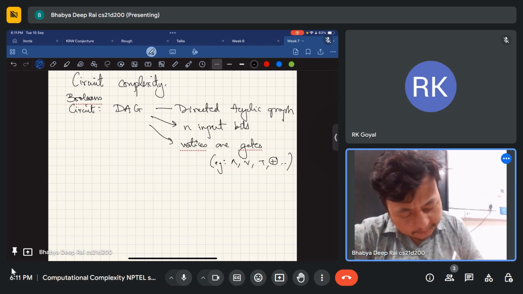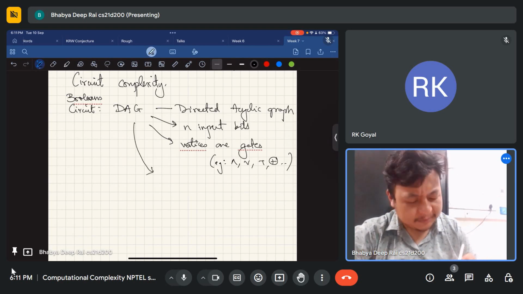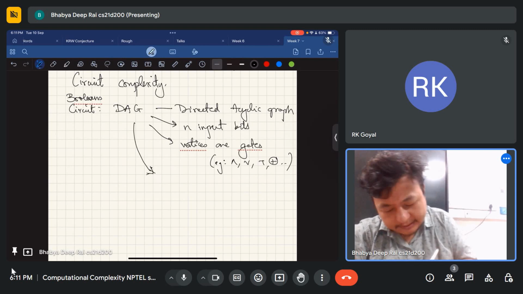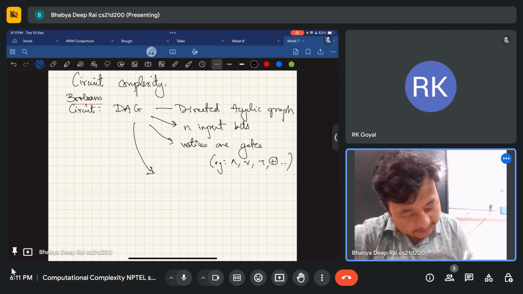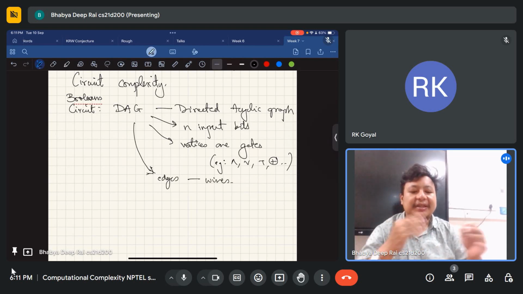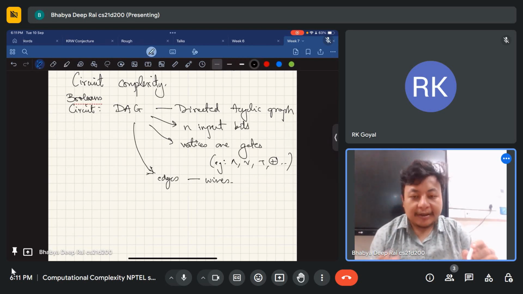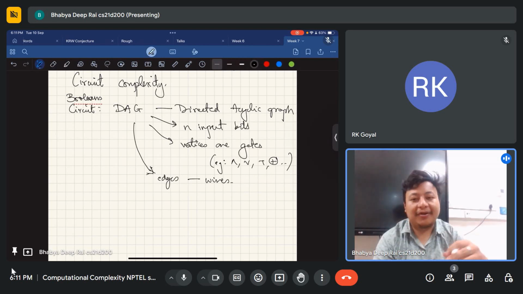Vertices are gates and edges are called wires. So it's like a circuit you would build physically. It's like the hardware, composed of AND gates, OR gates and so on.